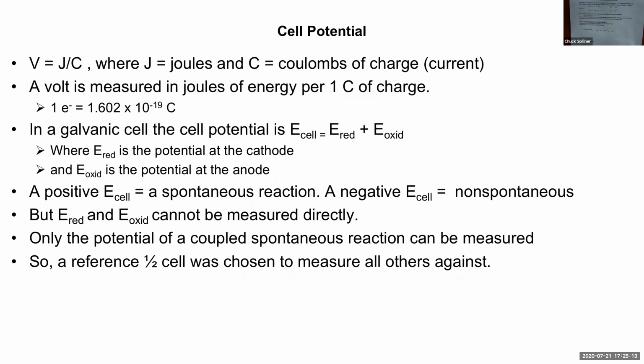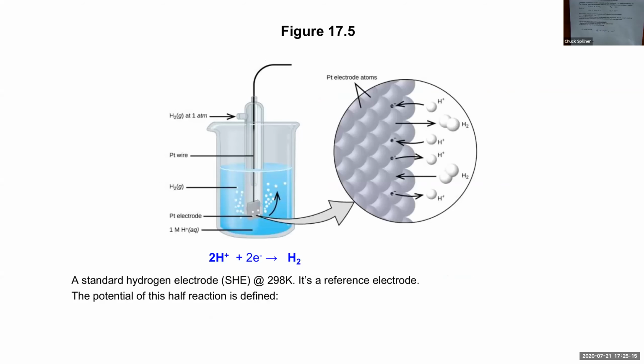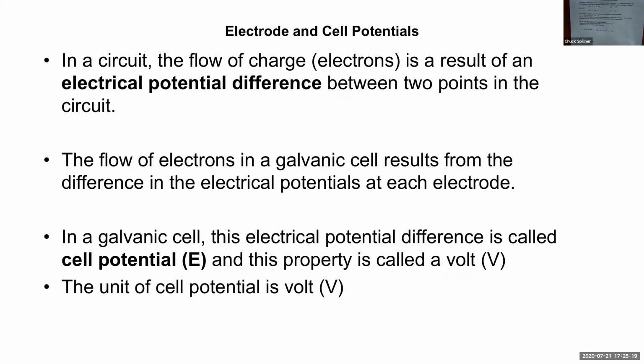Oops, no, okay. So let me go back. Oops, I'm going the wrong way. Okay, so in a circuit, the flow of electrons is the result of an electrical potential difference. And that occurs in our galvanic cell from the redox reaction that's going on.